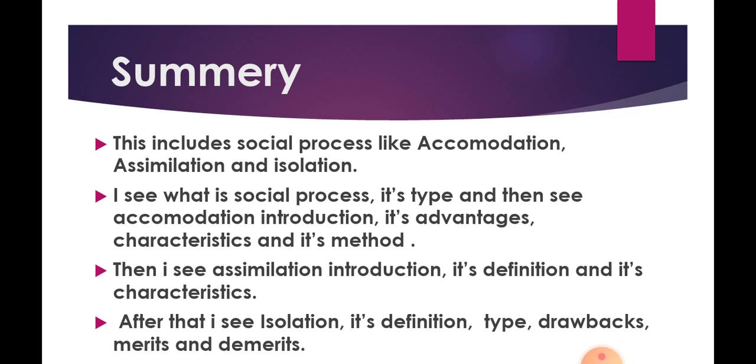Assimilation is the fusion of two cultures and the loss of their identity. And isolation, where a person may be isolated from their community and society. Here we discussed its types. Social process is of two types. Then I discussed its characteristics, advantages and methods.